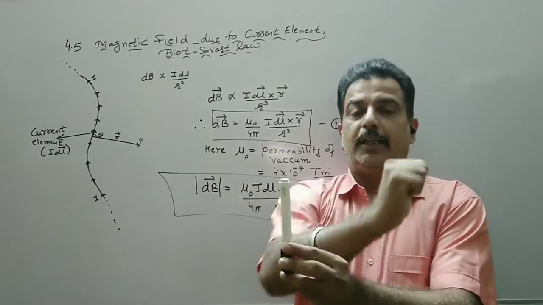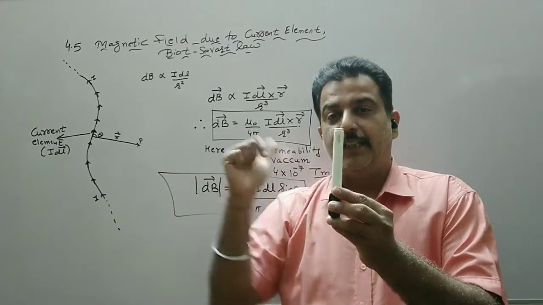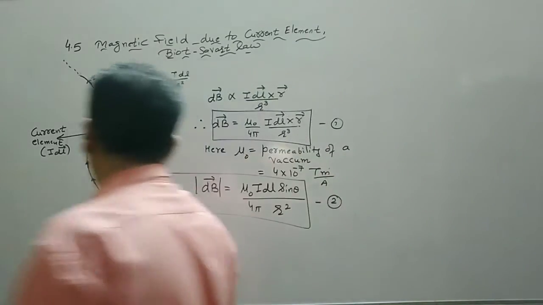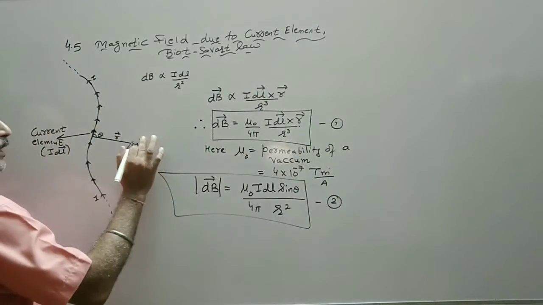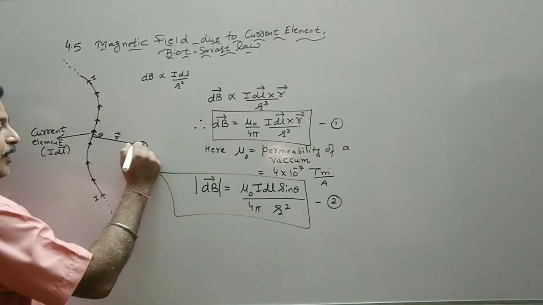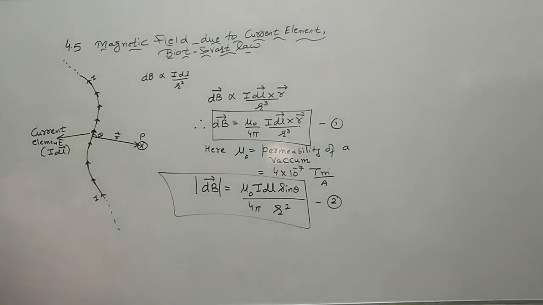At this point it is going into the plane of the paper. If the point is on this side, it will be coming out from the plane of the paper, or you can say the plane of the board. So here the magnetic field is going inward, and inward magnetic field is represented by a cross. So this is the direction of the magnetic field.